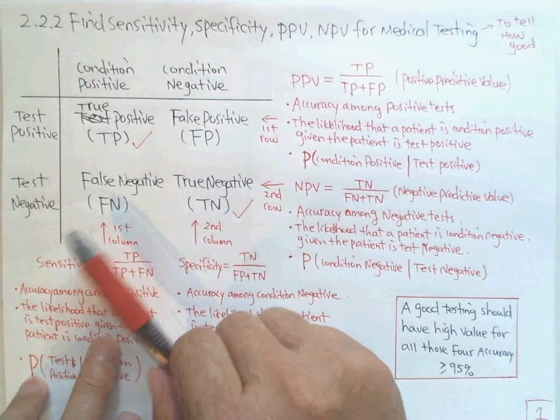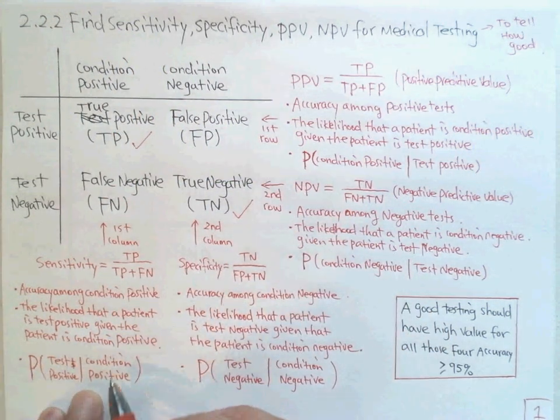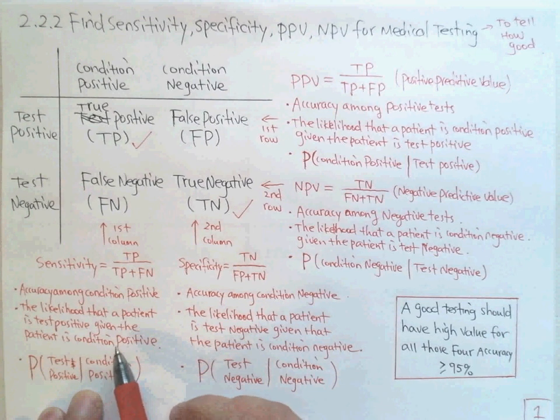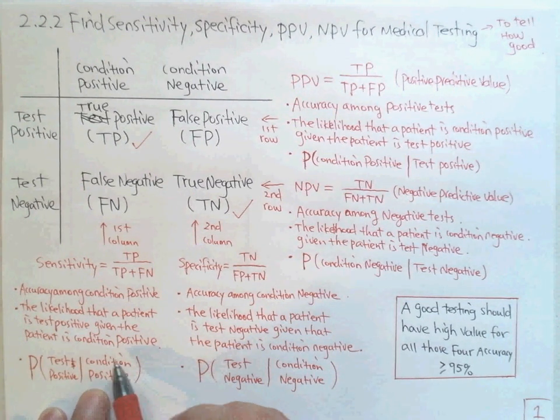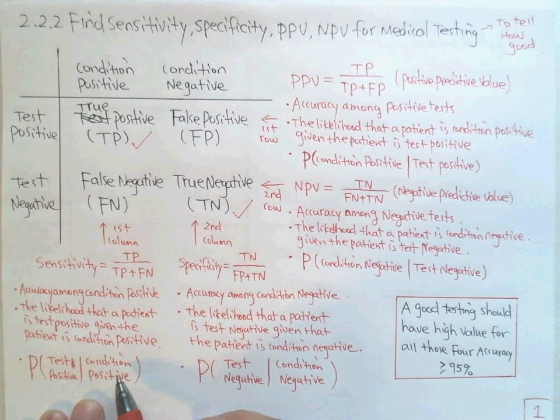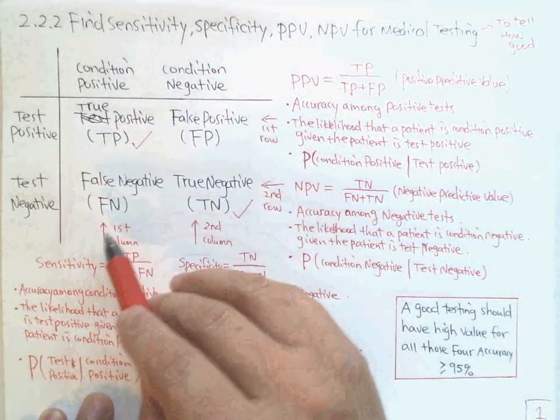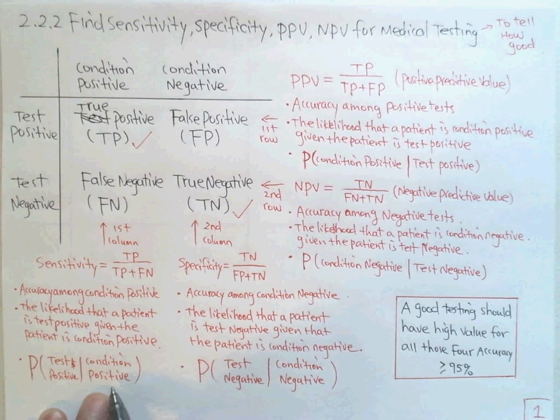Do you remember the definition of conditional probability? It reduces the sample space to the given information. Given the patient came from condition positive, what is the probability that the test result is also positive, which means true?